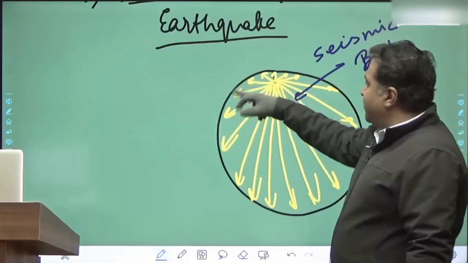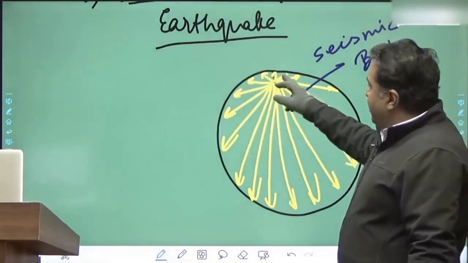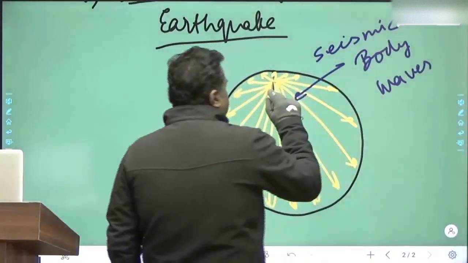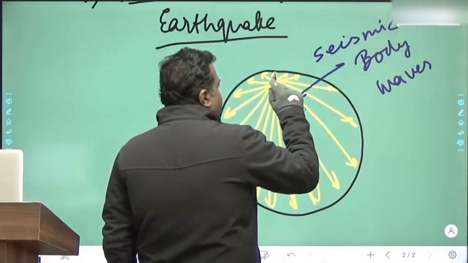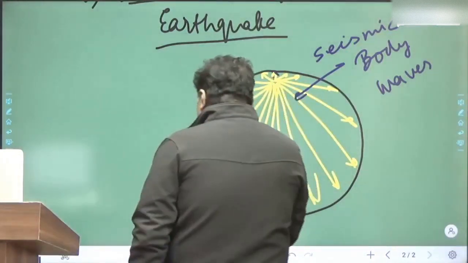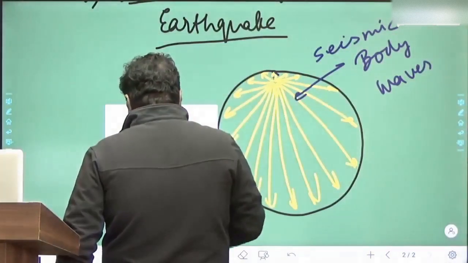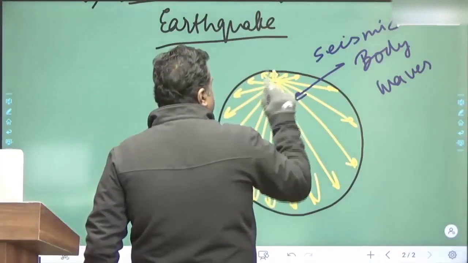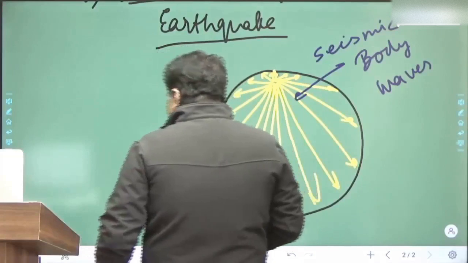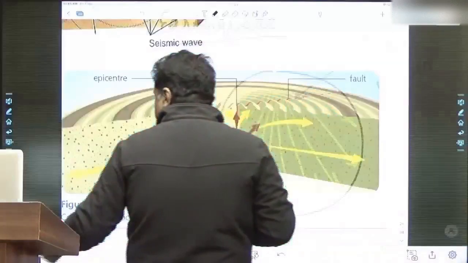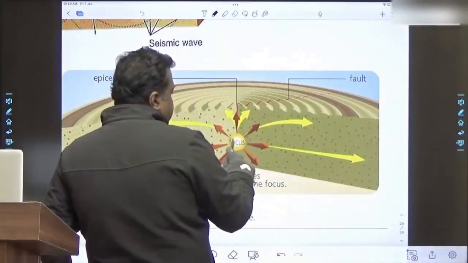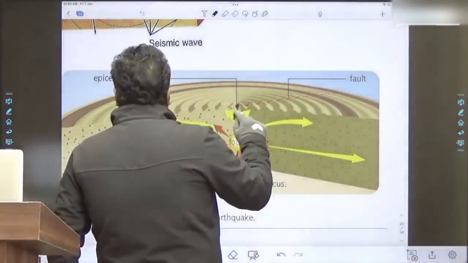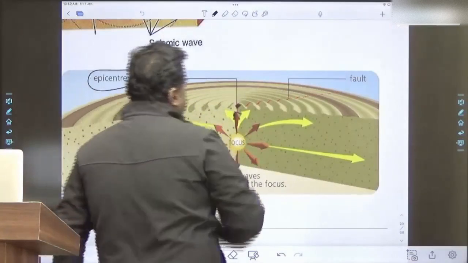If they reach the surface here, minimum energy is lost for this wave because it travels very little in the body before reaching the surface. So wherever the seismic body wave travels the minimum distance and reaches the surface, that top point we call the epicenter.